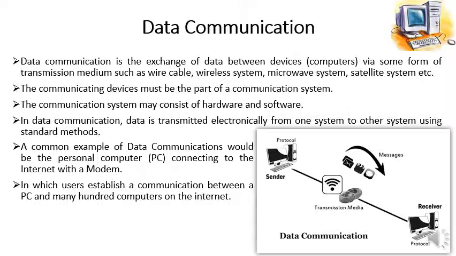Whatever the websites that we are surfing or searching on the internet, we are actually communicating with other computers located somewhere, and we are accessing the resources which are stored on them. So that is establishing a communication between a PC and many hundred computers on the internet.